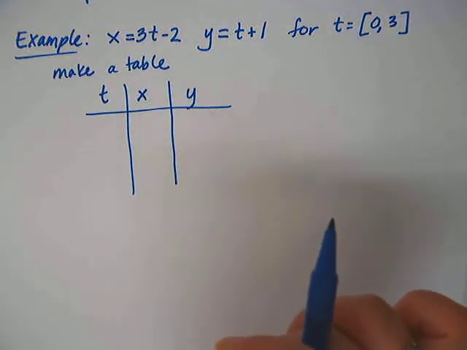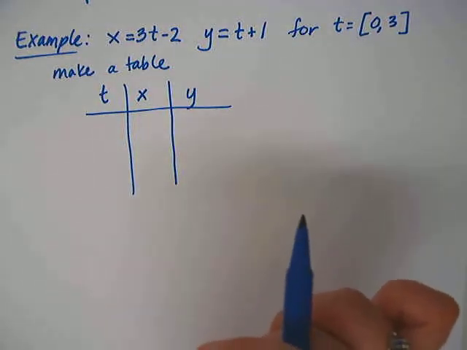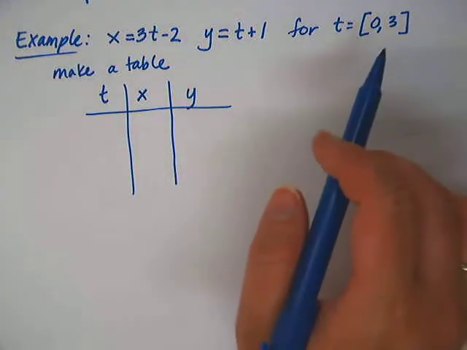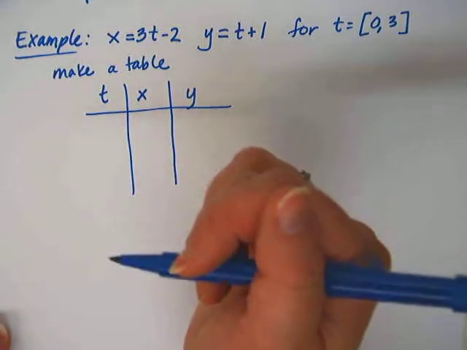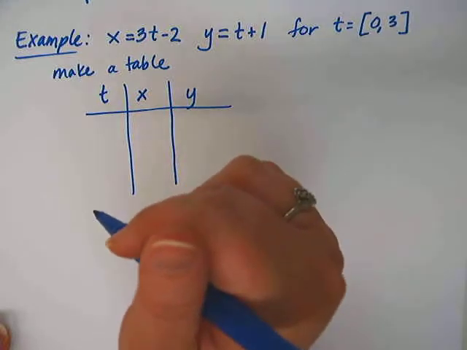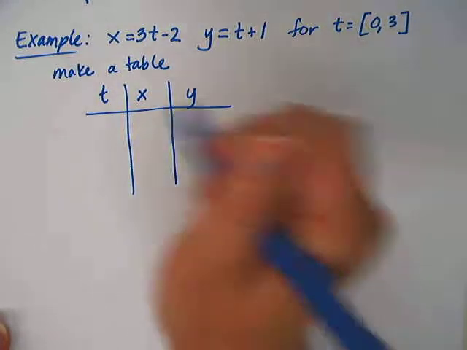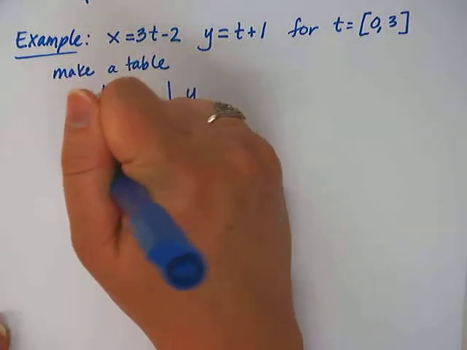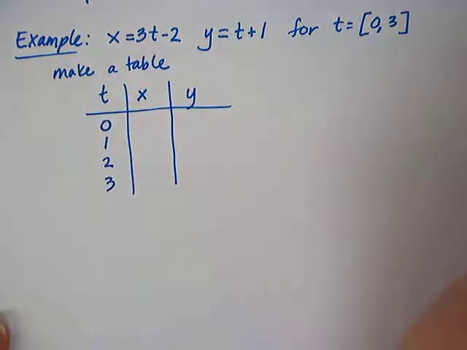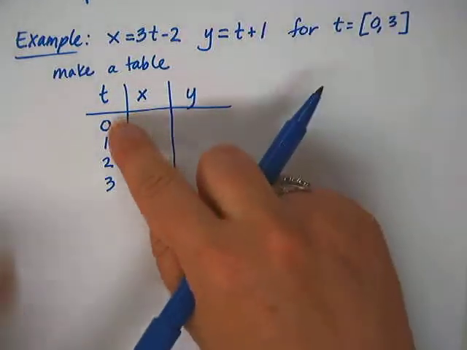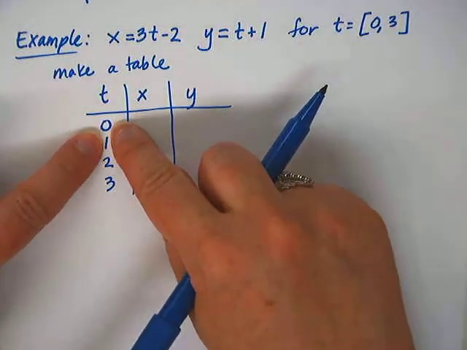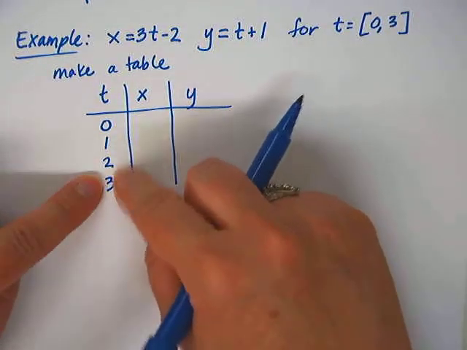So in this case, have they told us some numbers to use for t? Yeah, any numbers from 0 to 3. Do they have to be whole numbers? No, they could be decimals or fractions because it doesn't say, right? So they could be in between. But definitely the whole numbers would be the easiest ones to work with, and then we can just connect them, right? So I'm going to go ahead and put down our whole numbers from 0 to 3.